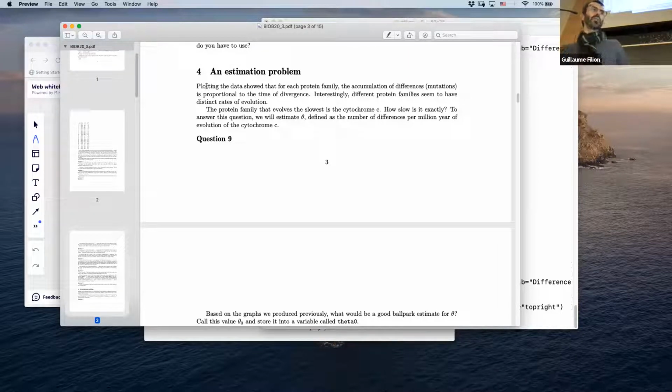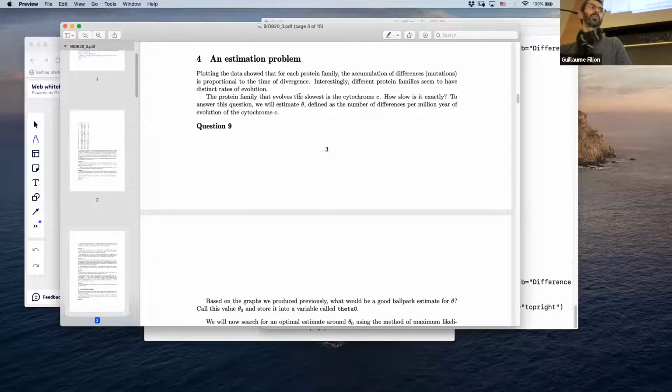So plotting the data showed that for each protein family, the accumulation of differences, or mutations, if you want, is proportional to the time of divergence. Interestingly, different protein families seem to have distinct rates of evolution. The protein family that evolves the slowest is the cytochrome C. That's the one that matters the most. How slow is it exactly? To answer this question, we will estimate theta, defined as the number of differences per million years of evolution of the cytochrome C. Okay, you understand the context.